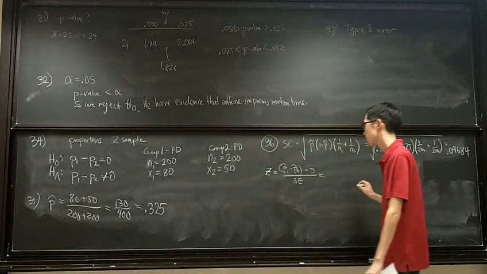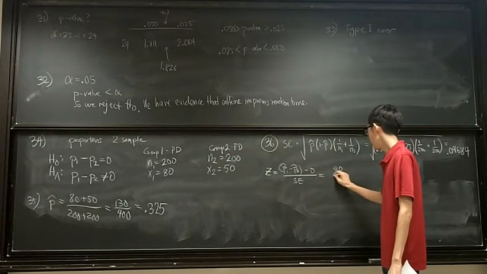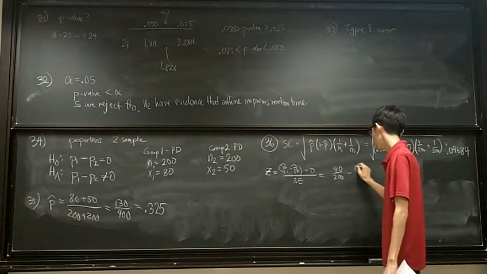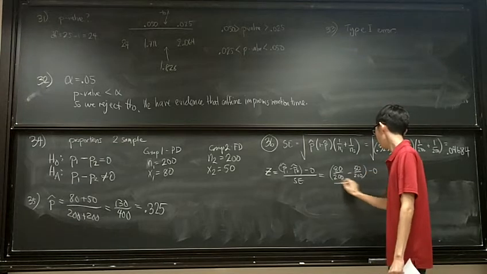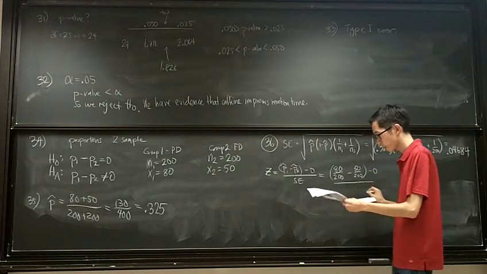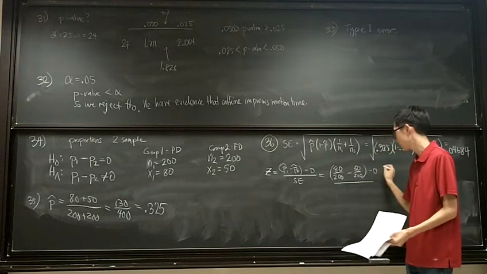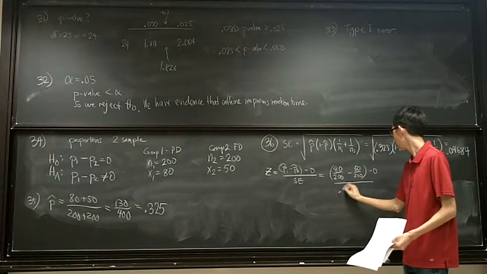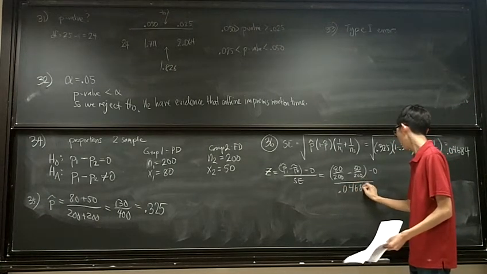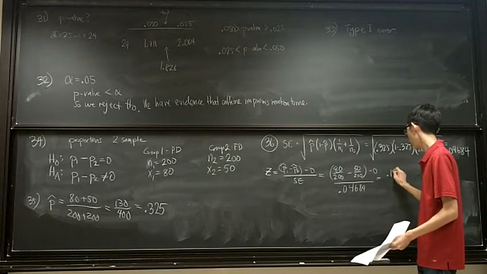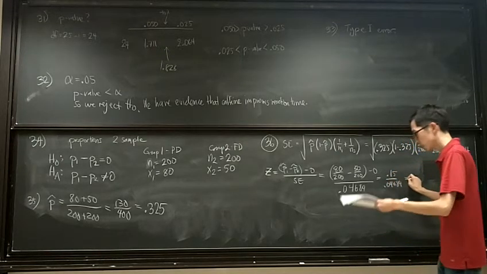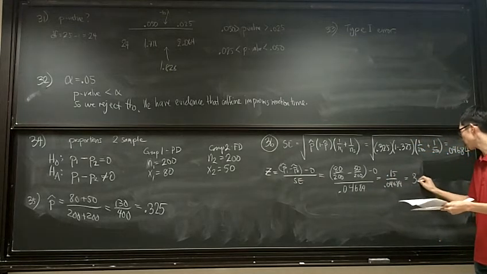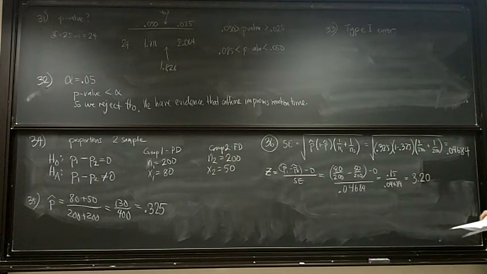What I observed: 80 over 200 minus 50 over 200, the observed difference, minus what I expected, divided by my standard error of 0.04684. This turns out to be 0.15 divided by 0.04684, and I get 3.20 as my z-score, my test statistic.